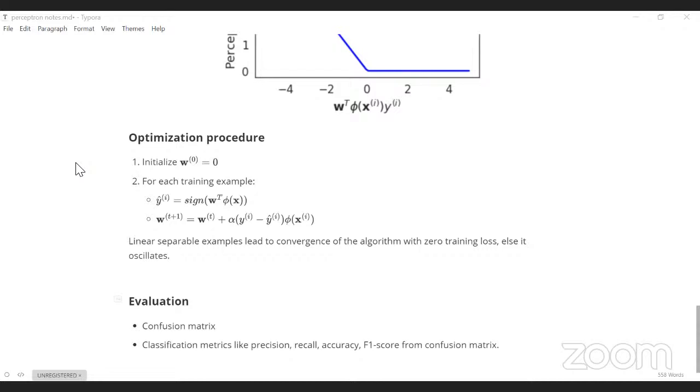One way is one versus one: for all pairs, you find discriminant functions and make classifications. The other way is one versus rest: you take one class versus all the other K minus 1 classes, find the discriminant function, and check whether a point is in class 1 or not in class 1.